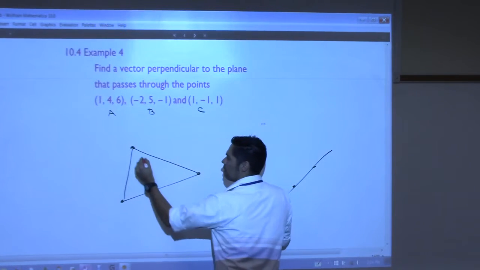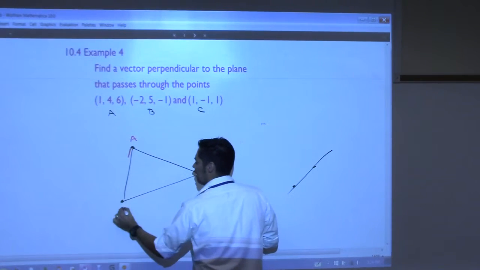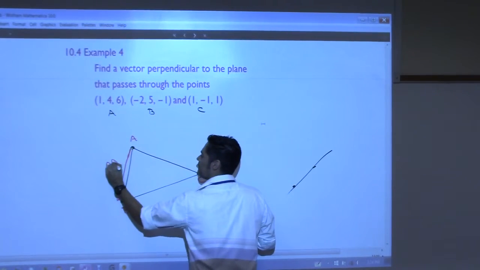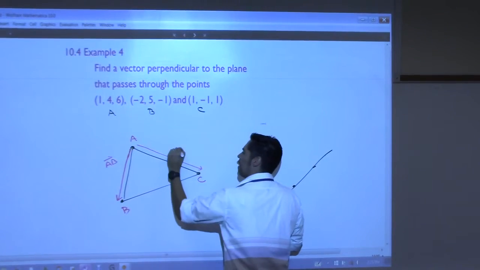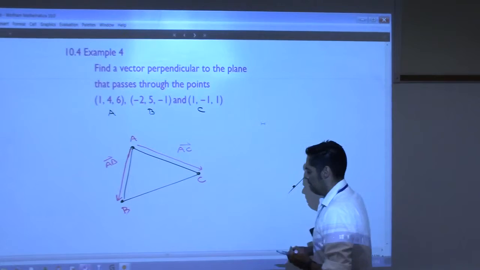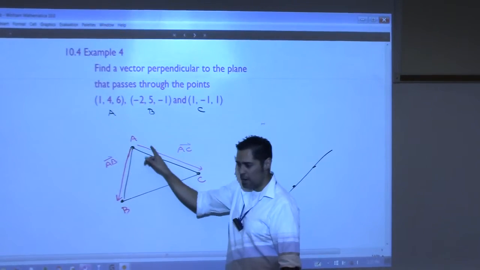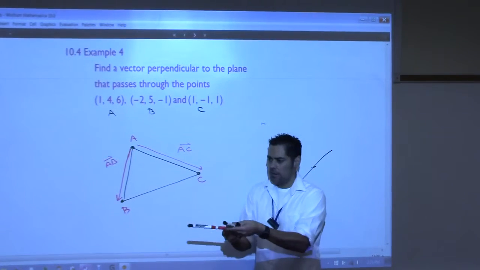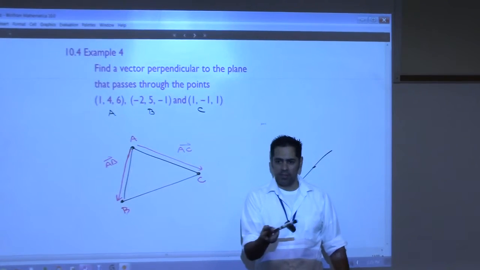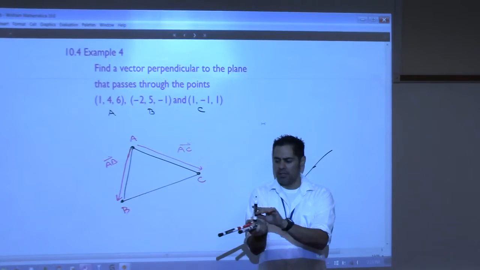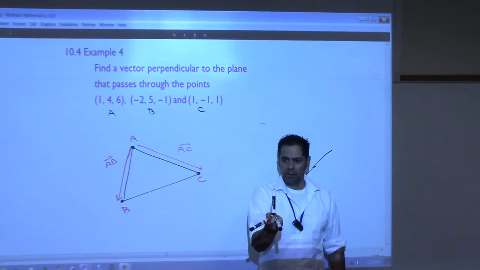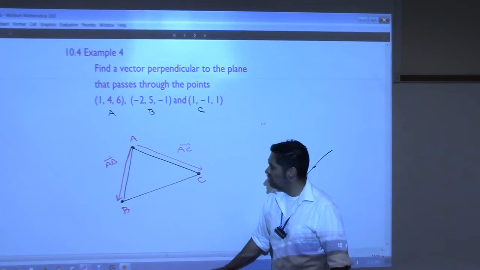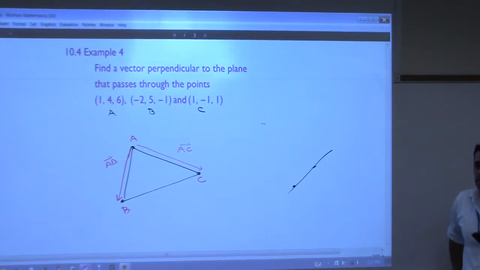On the triangle, let's label this A, B, and C. If I take this vector right here, the vector AB, and I take the vector that goes from A to C, then regardless of the angle between them, if I cross these 2 together, I'm guaranteed a 3rd vector that's orthogonal to both, right? And that would be orthogonal to the plane that they pass through. So all we need to do is get 2 vectors on that plane and cross them.